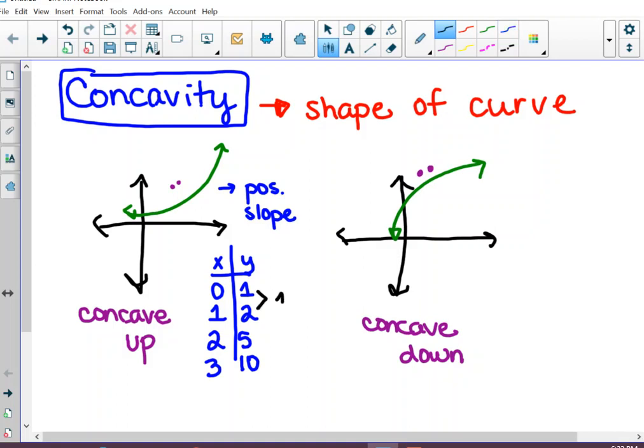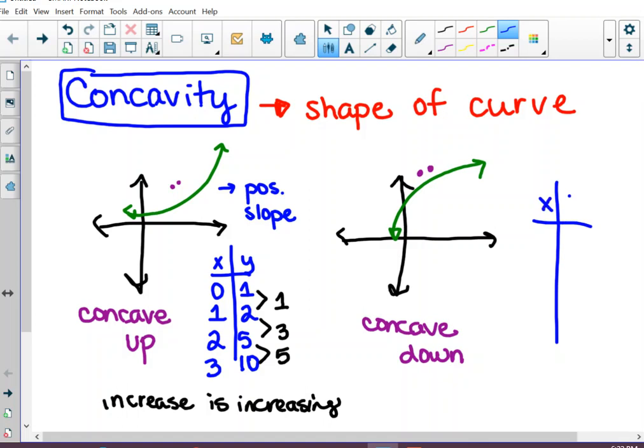Because if you look at how it's growing, the increase is increasing. The y's are getting bigger, and the amount by which the y's are getting bigger is also getting bigger. That creates a concave up increasing curve.